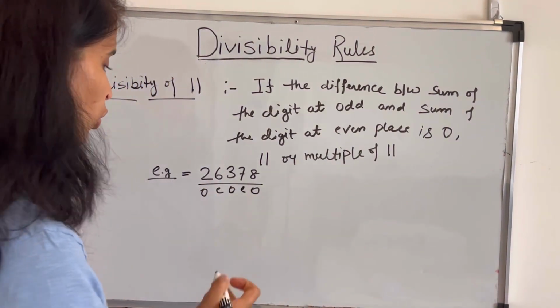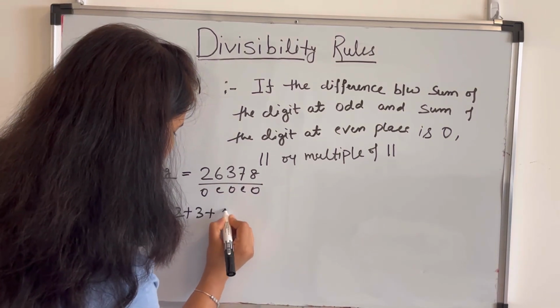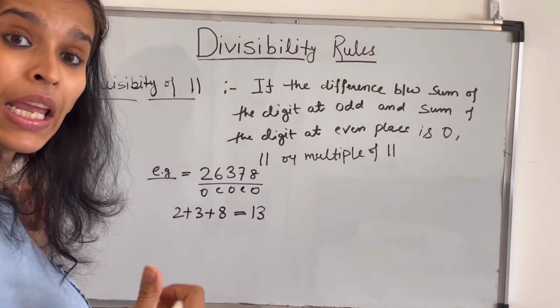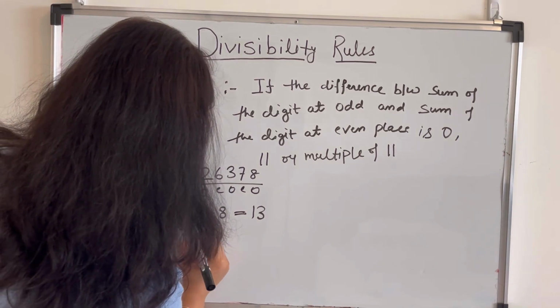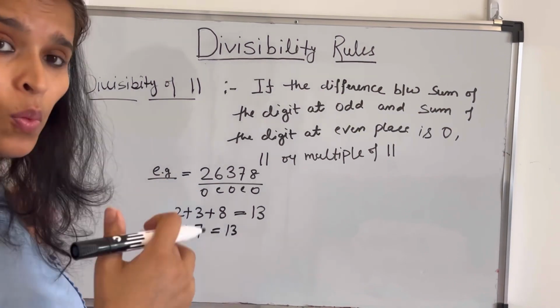Now we need to add 2 plus 3 plus 8. So this is 13. Now we'll add the even places, 6 plus 7. So again this is 13. What is the next step?